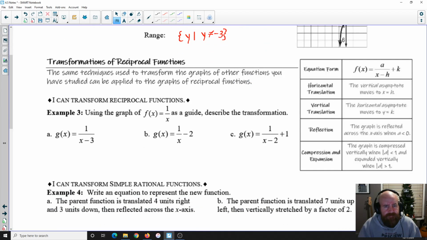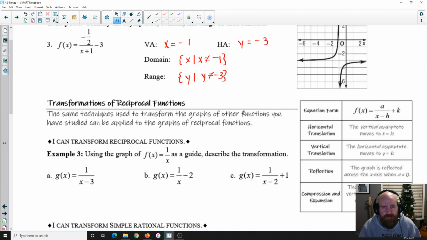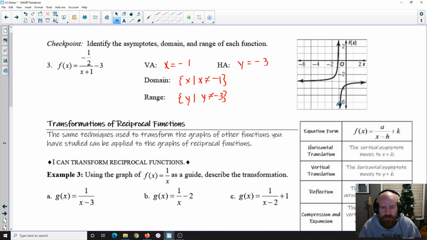And again, if we graphed it and checked it, we would see that we're at -1 for the vertical asymptote and at -3 for the horizontal. So it's a good idea to graph it and double check that we found our correct answers.